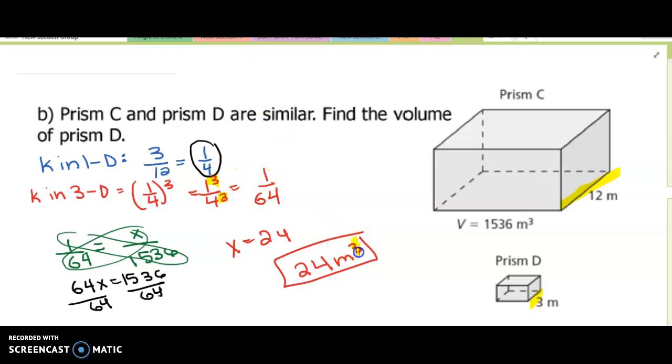Since I'm in volume, which is 3-dimensional, so I cube it. So 1/4 cubed gives me 1 cubed over 4 cubed, which is 1 over 64. And then I can set up a proportion. So 1 over 64 is the volume of the small over the volume of the big. Cross multiply, you should get 24 meters cubed.